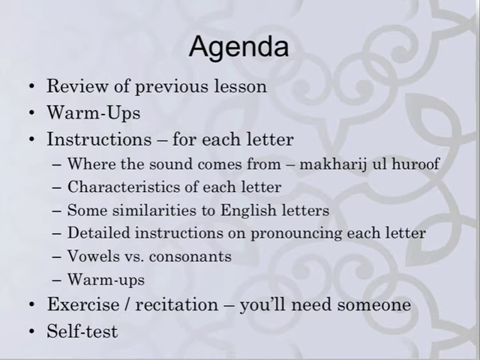Just because two letters come from the tongue does not mean they sound the same. They have specific characteristics, so I'm going to tell you those. Wherever there are similarities to English letters, and differences, I'll tell you those as well. Then I'll give you detailed instructions on pronouncing each letter, and I'll tell you if it's a vowel or a consonant.